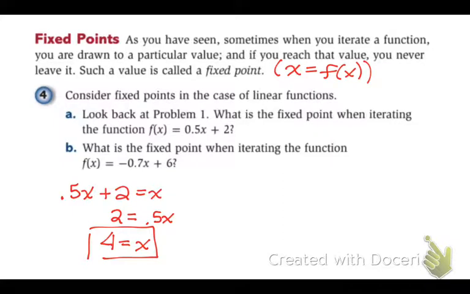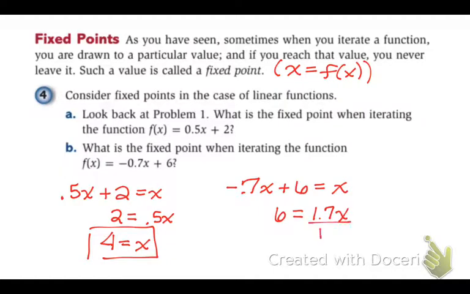So for b, to find that fixed point, again, I use the same process: I want to know where this function has inputs equal to its outputs, which is going to be when that function rule is equal to x. I can add 0.7x to both sides, so 6 is equal to 1.7x.